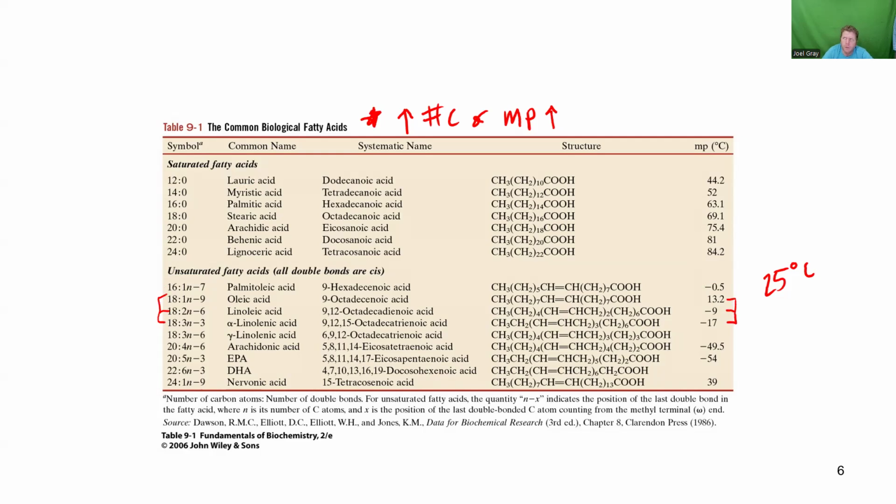So although there is the trend that as the number of carbons increases, the melting point increases, there's also a trend that as the number of double bonds, DB, increases, the melting point decreases. So those two are inversely related. That trend is absolutely true amongst all of these. And if you wanted to crack all those open, that's where you would arrive.